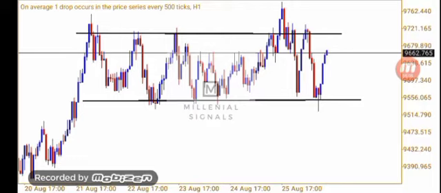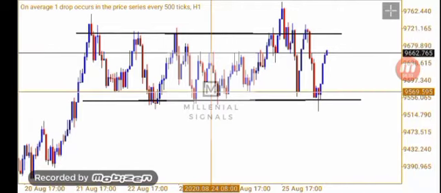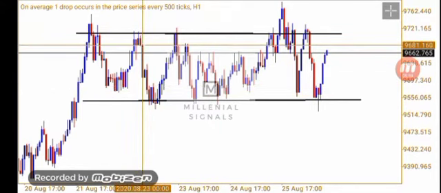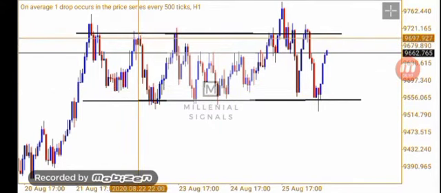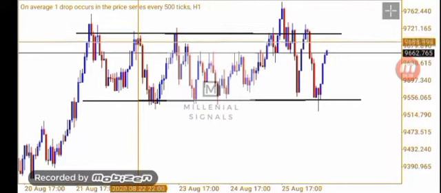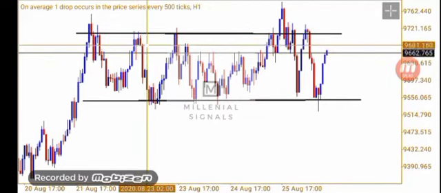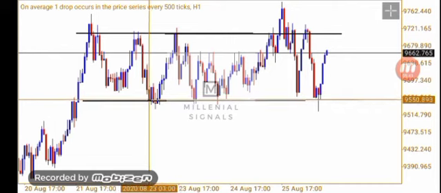So for me, the first thing you should be looking out for is a power move into a key level. What does that mean? That is, price has to make a power move into the key level. For instance, in this example here, you can see that the price made a power move into this key level here.